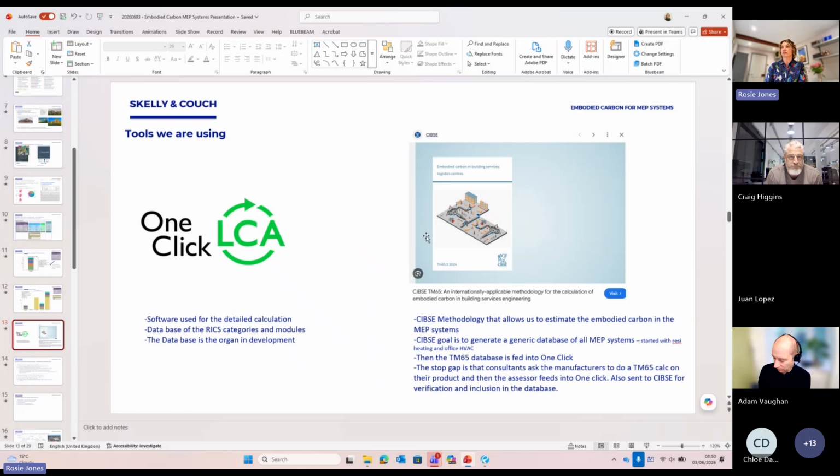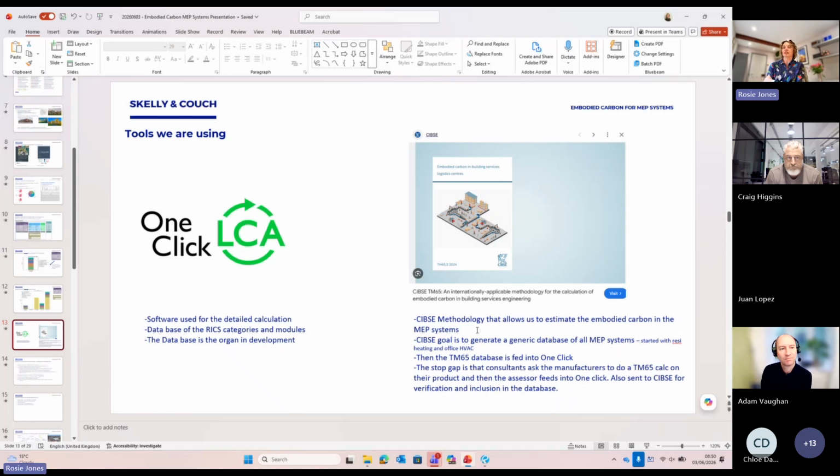And the software we're using is One Click LCA. This is the software that basically the industry has agreed to use, and it contains that black box database that is taking us between the modules and the categories.